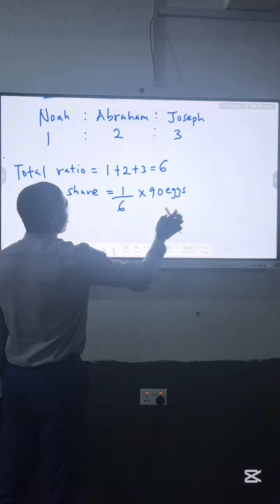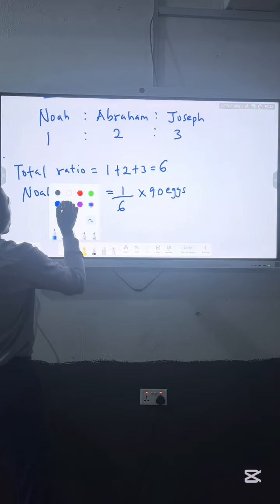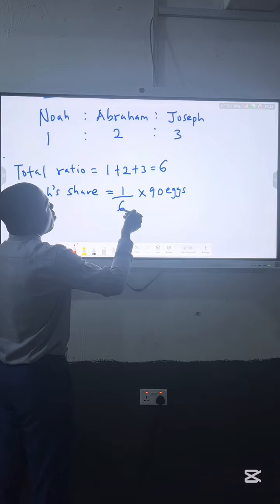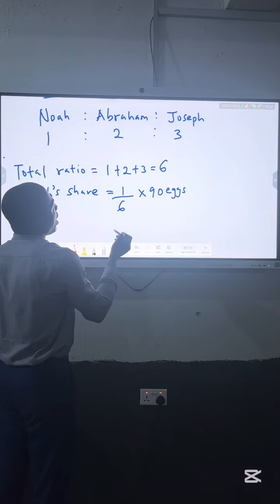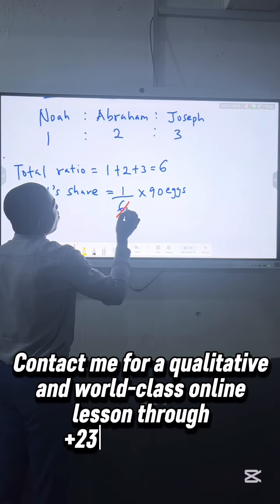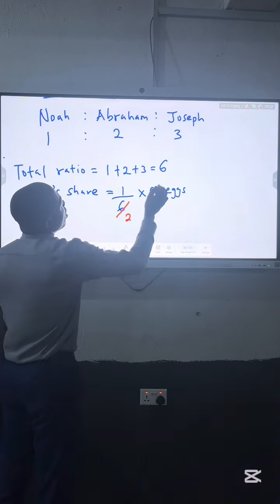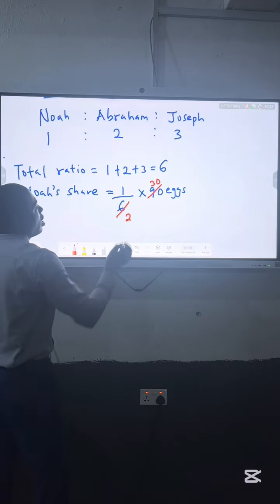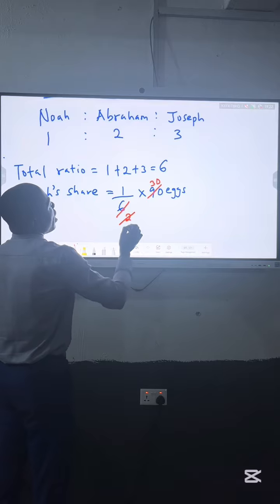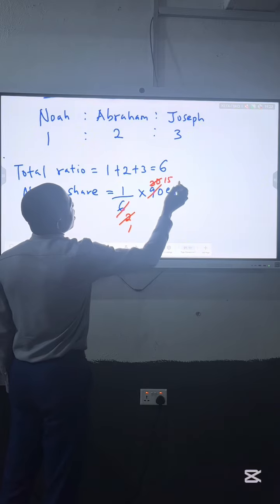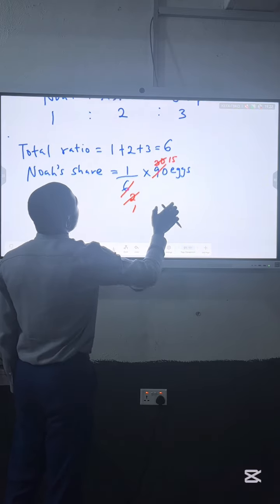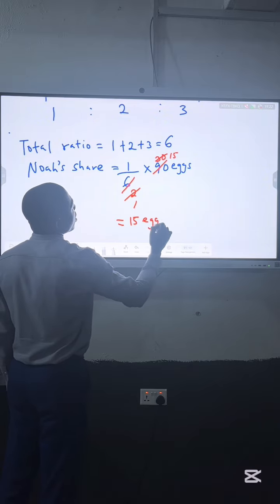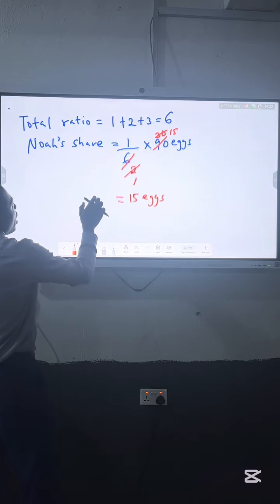Let's see how we can reduce that together. 3 is a factor of 6 and a factor of 90. 3 in 6, you have 2. 3 in 9, you have 3. This 0 will come up, that's 30. So we have 2 here is 1. 2 in 30, we have 15. Meaning that Noah is going to get 15 eggs out of what they were told to share.